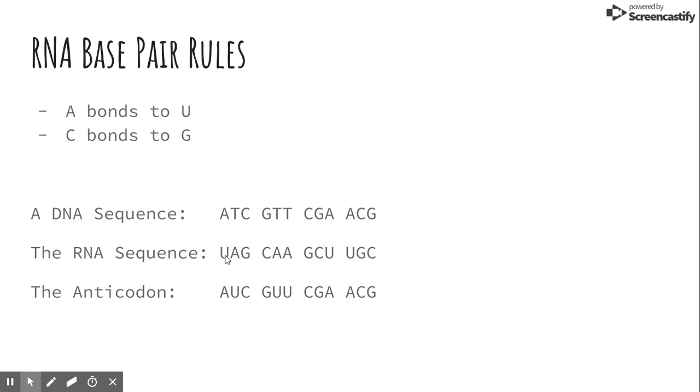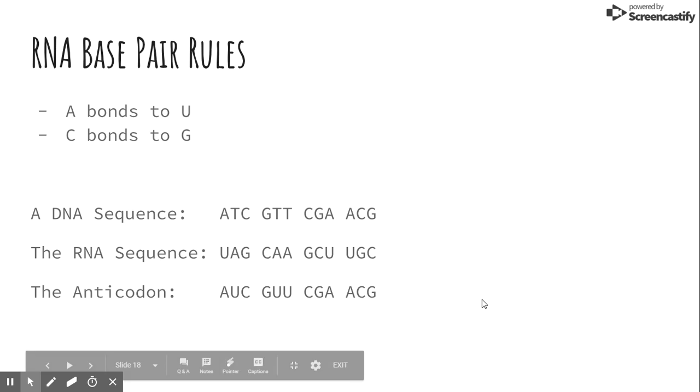RNA can only use U, A, C, and G. So when we're constructing our first strand of mRNA, we have to follow those base pair rules. U will bond anytime that we have an A in the sequence. A will bond anytime we have a T in the sequence. So our sequence would be UAG, CAA, GCU, UGC. And we follow those base pair rules.